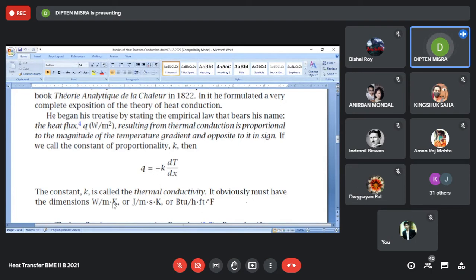So heat flux depends on two things simultaneously: a material property, and a situation created by external things. Not only is it created by external things, some part of that is also dependent on the geometry of the body. So three things are involved.